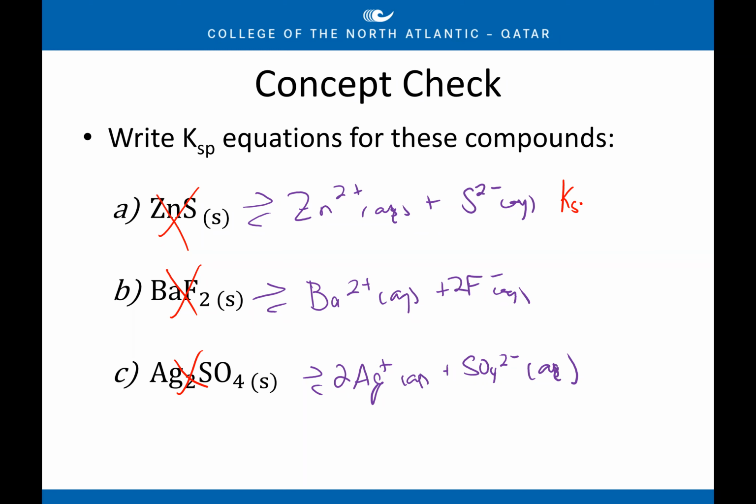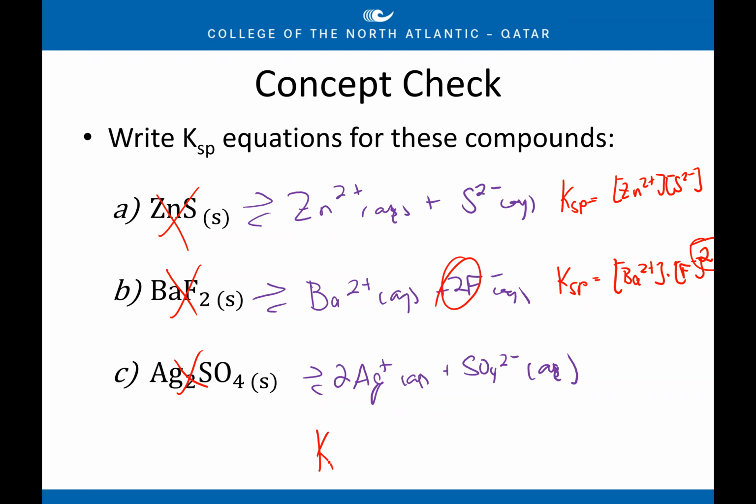So the Ksp for this one becomes zinc times sulfur, easy. The Ksp for this one becomes my barium times my fluorine squared. Remember that from chapter 3.